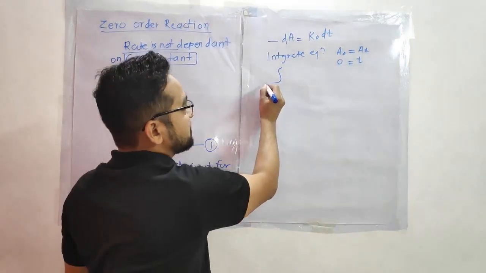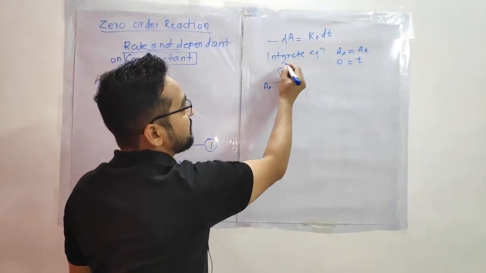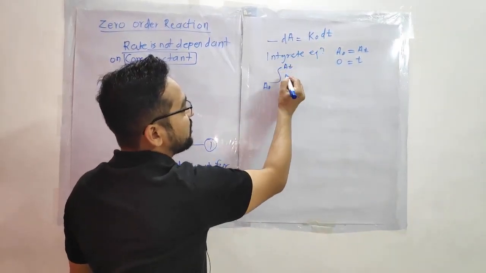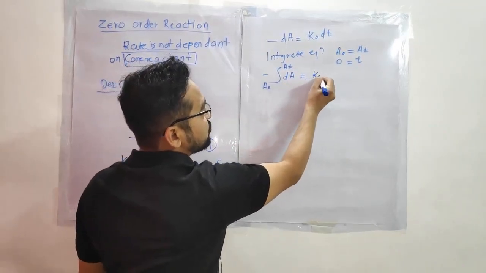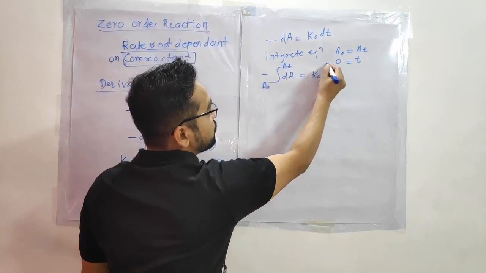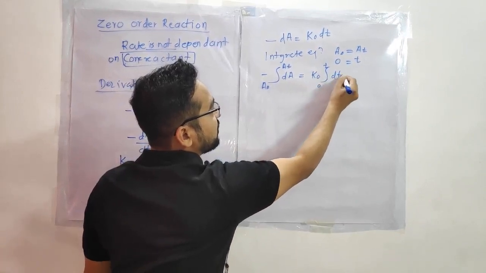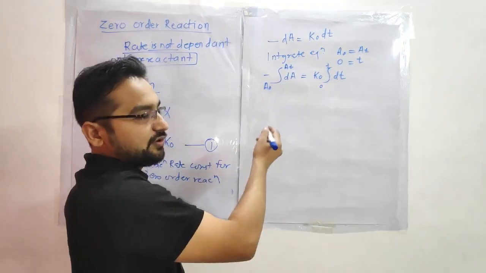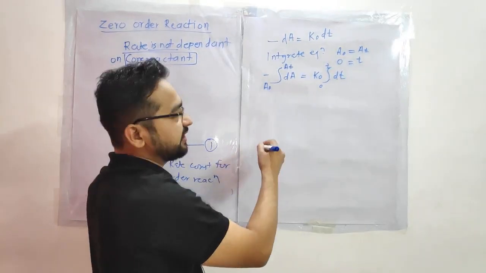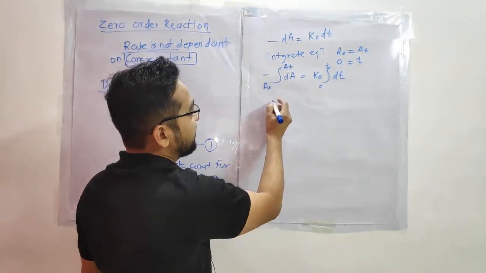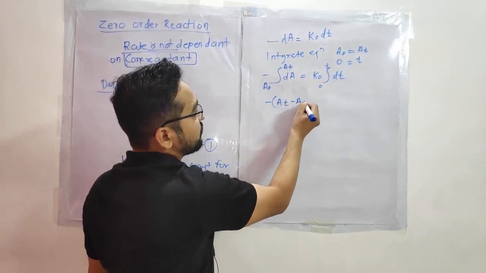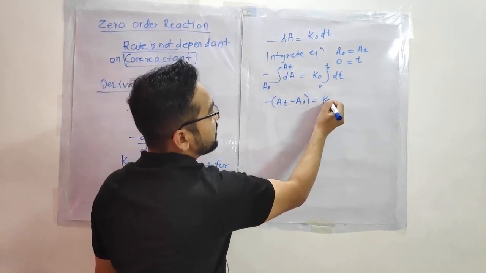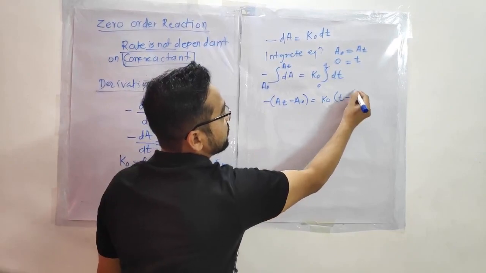Now coming to this part. If you integrate the above equation, dA, here the minus sign will be there, and again you need to integrate 0 to t into dt. If you simplify or integrate it, you will find minus, at minus a0, which is equal to k0 into t minus 0.